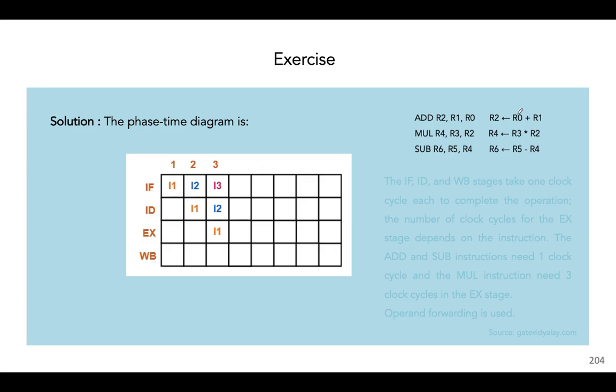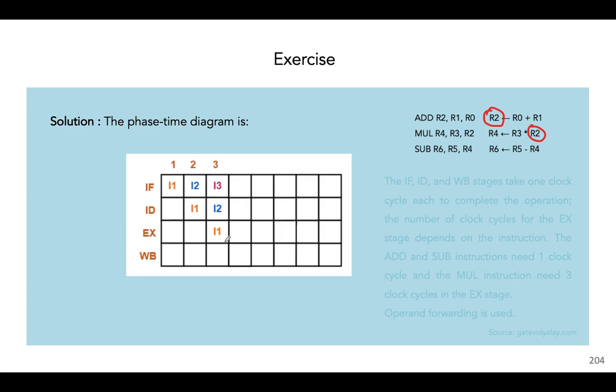Instruction 1 says that R0 and R1 should be added, and the result should be put in R2. Then instruction 2 uses that R2, multiplies it with the content of another register R3 and moves the result into R4. So the source operand for the multiply instruction, that is instruction 2, is the same as the destination operand for the first instruction.